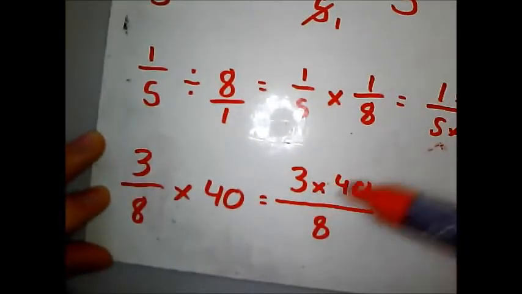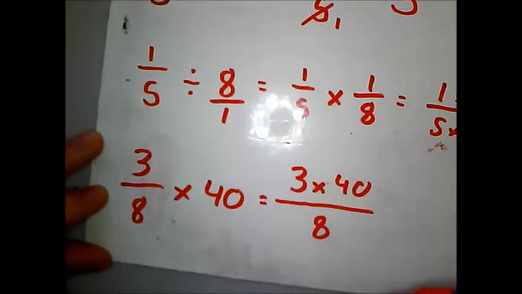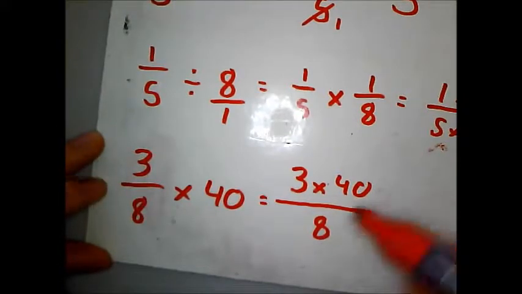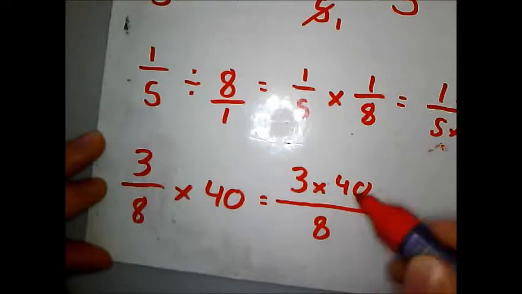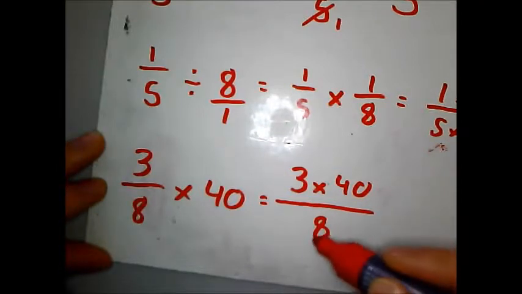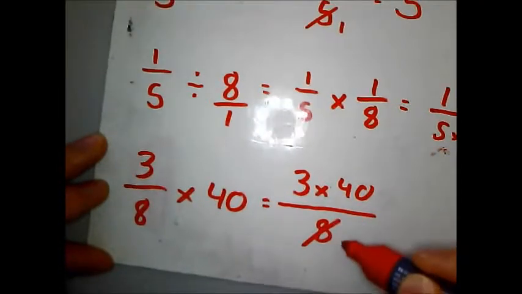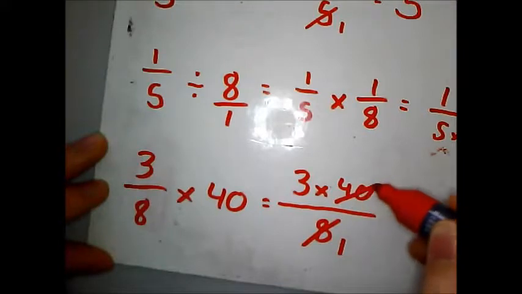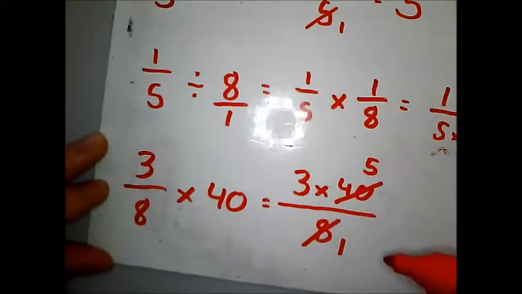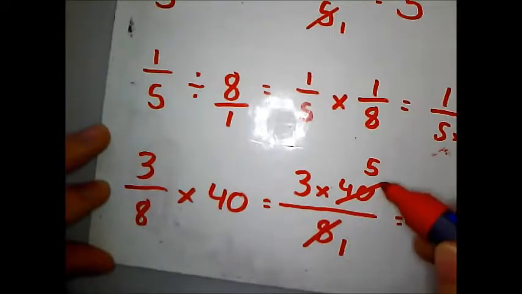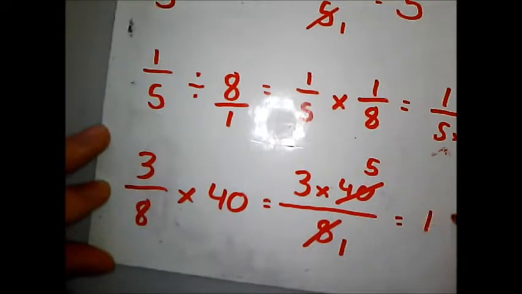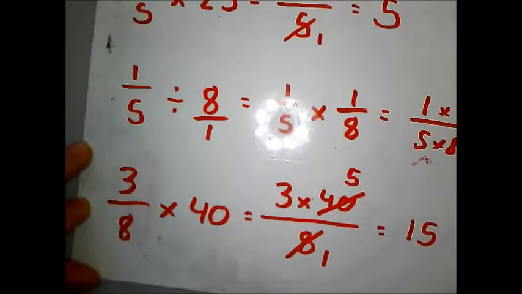And now again, I can do these in any order I like. So I'm going to first look for some common factors top and bottom. Well, I know 8 and 40 share a common factor of 8. So I'm going to divide this by 8 to get 1, and I'll divide this by 8 to get 5. And now I've got 3 times 5 divided by 1. Well, 3 times 5 is 15, and then 15 divided by 1 just gives me 15.